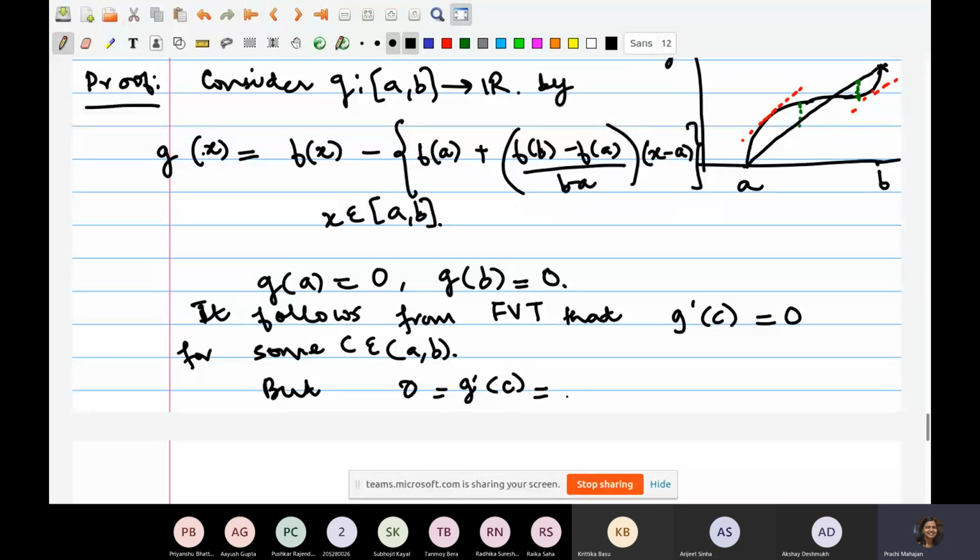The way the function g is defined, it is exactly the derivative of f at the point c minus whatever we need, (f(b) minus f(a)) by (b minus a). Is that okay? And we are done.